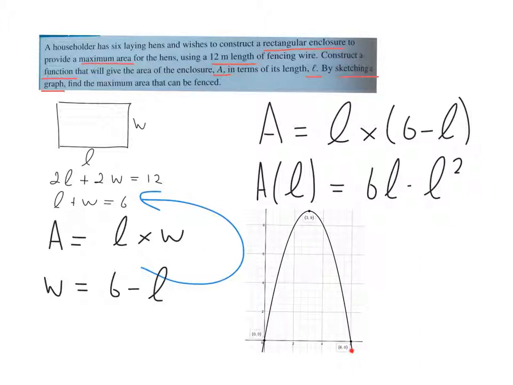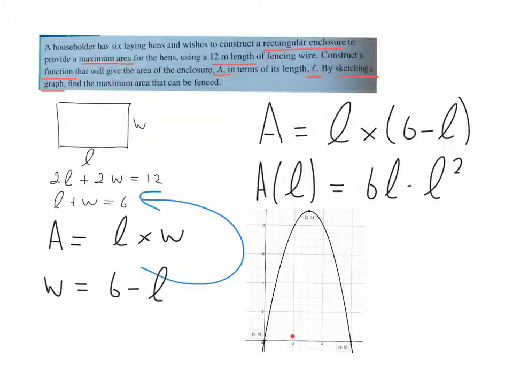That makes sense because if you have a maximum of 12 meters of wire and both lengths are 6, there can be no width because the 12 meters is taken up with both of the lengths. So this intercept and the first intercept give you 0 areas, which is pointless. We don't want that. We want the maximum area.